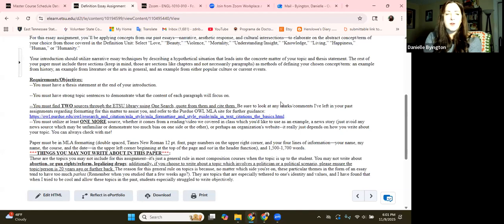As far as finding your sources in the ETSU OneSearch tool on the ETSU Library's website, the most common issue students come to me with is, I can't find a source that's about the way I'm writing about this word. Just remember, this whole idea is you're learning how to back the lens out and think analytically outside the box.